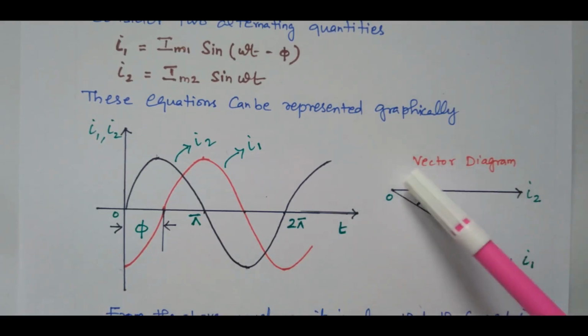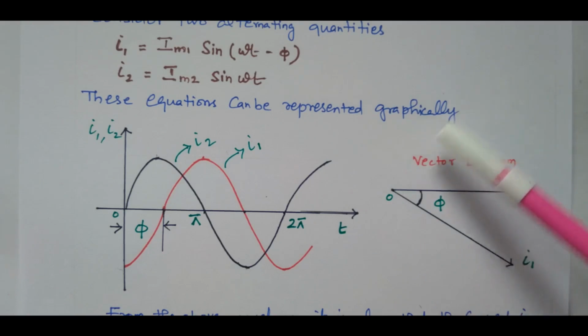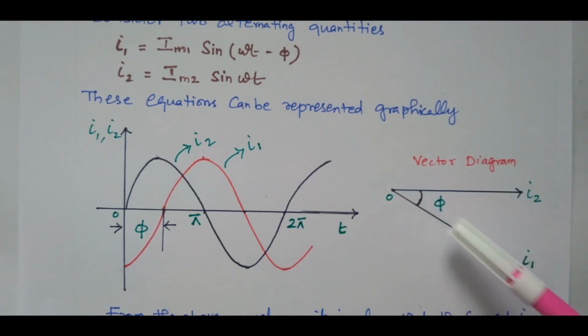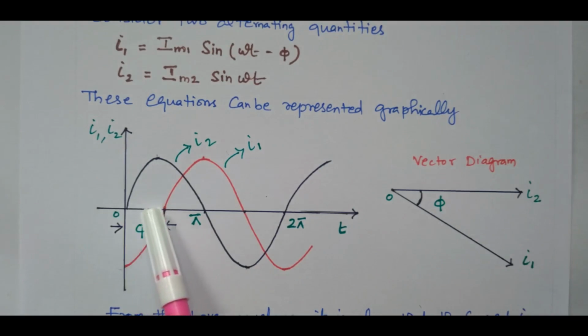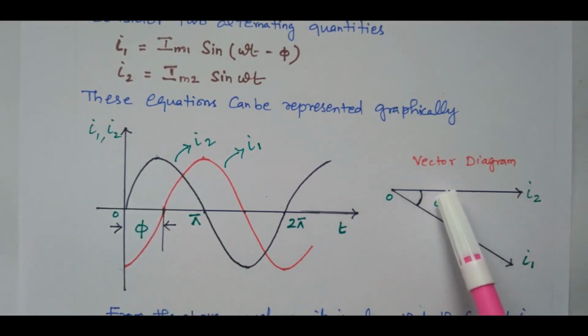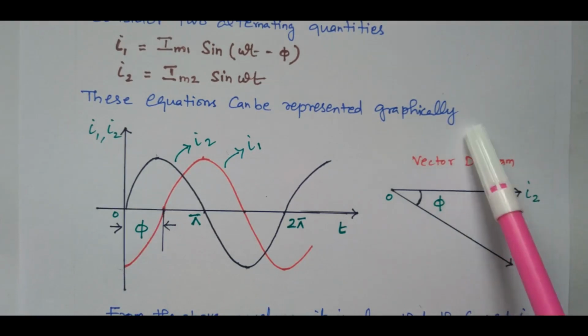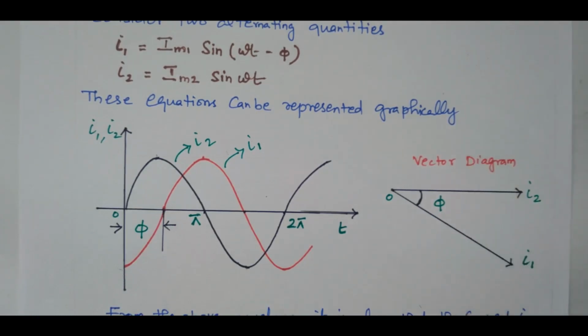If it starts earlier, it will go upward, positive; this will be negative. So this pi is the angle between I1 and I2, because it starts later, there is a delay, that's why it is given in a downward direction. If it is leading, it will be given in the upward direction.